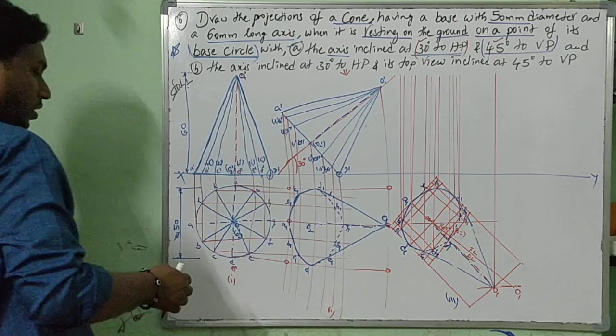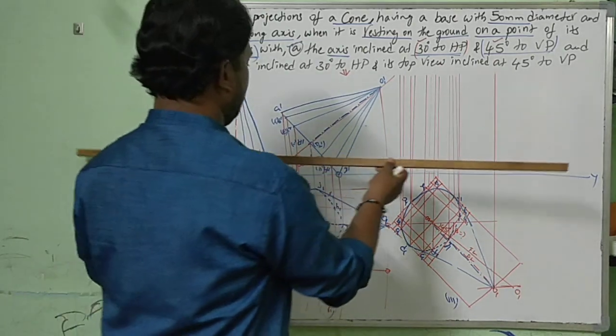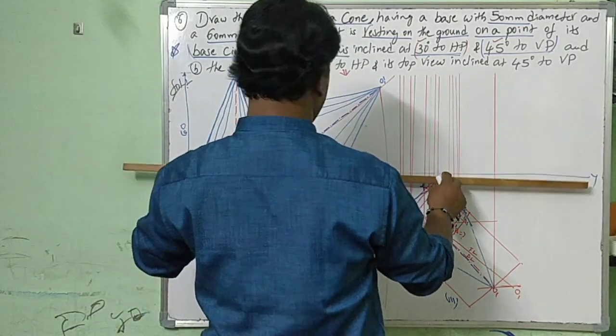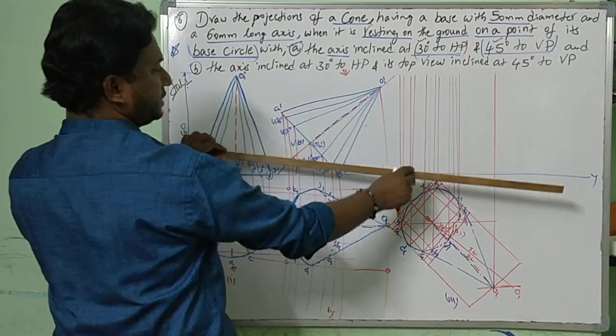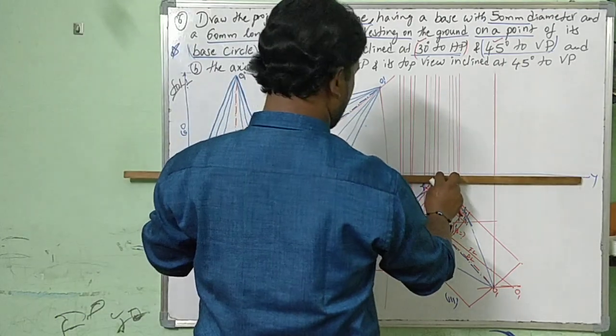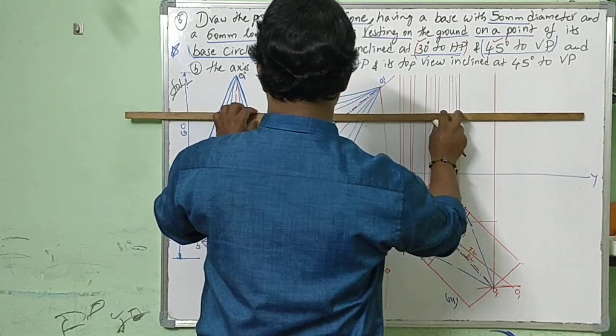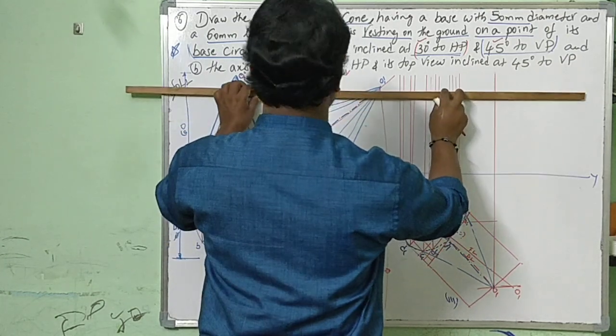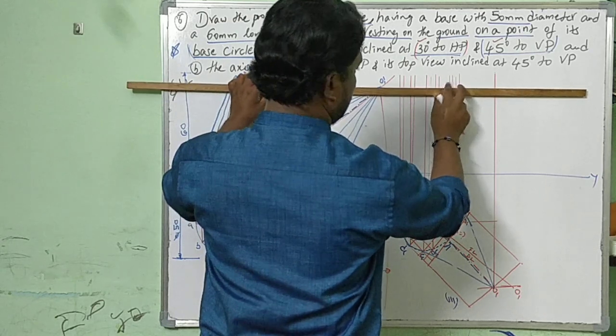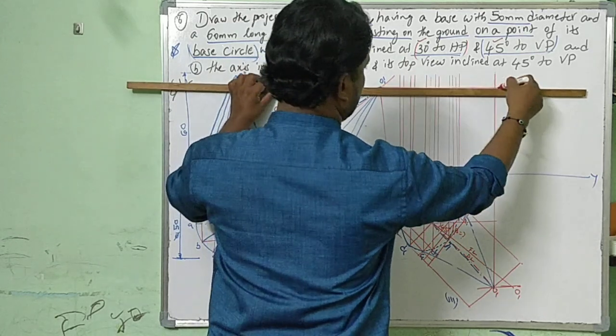Now from here, horizontal. Horizontal from A dash, B dash, C dash. I'm starting from the bottom. From O1.